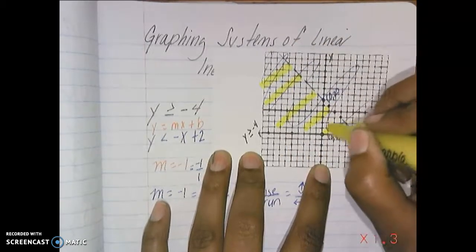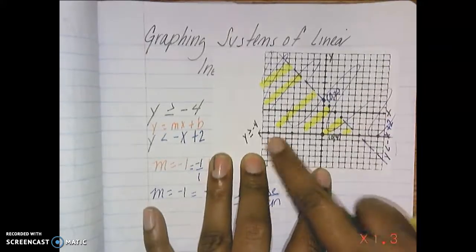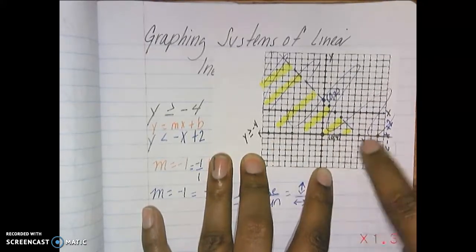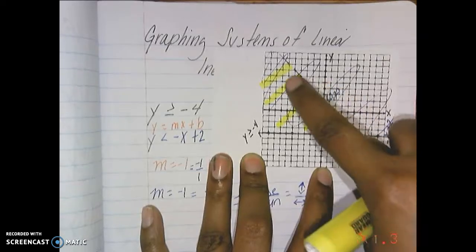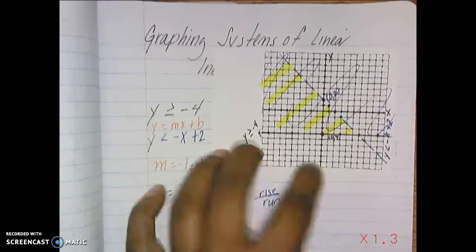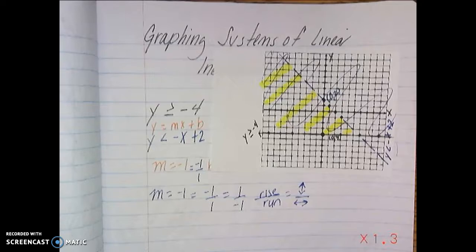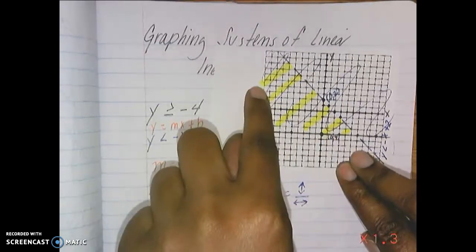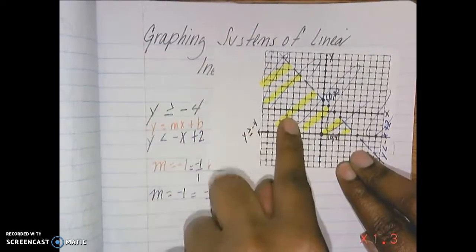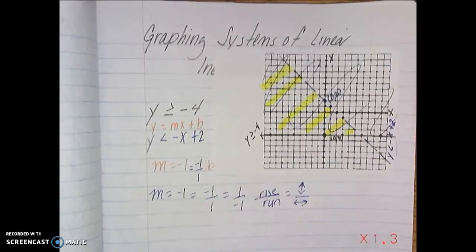Now already from the line y is greater than negative 4, we shaded above all of this section here with the zigzag line. So that's going to be all of what you see highlighted right in here, because that's highlighted and squiggly line. That's going to be part of our solution.